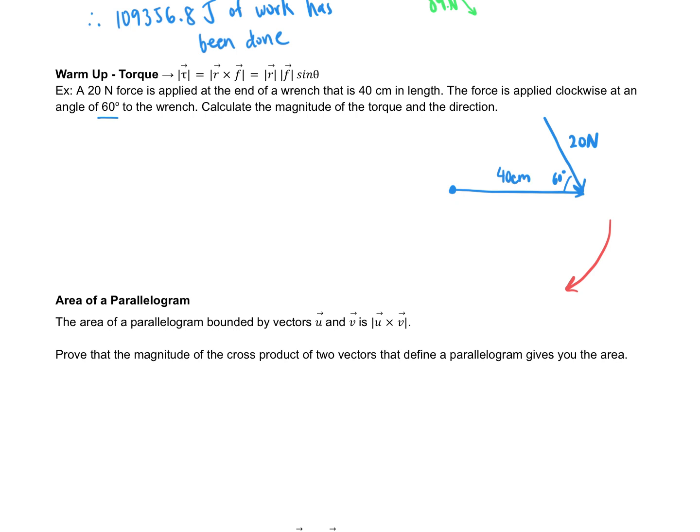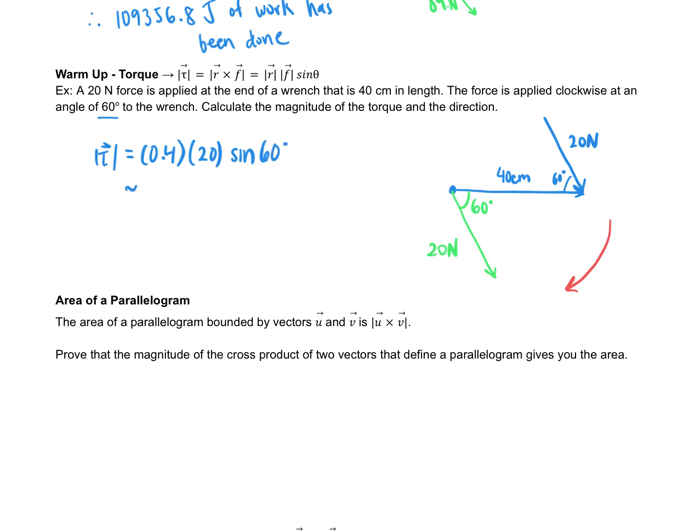Now, before I go on to do the torque formula, I am going to shimmy that 20 newton force so it's at the tail of the wrench. And now using a Z pattern, this is also 60 degrees, and there's the 20 newtons. So now, our torque is the magnitude of the torque arm, that's the 40 centimeters, but it has to be in meters, so 0.4, times the magnitude of the force, which is 20, times sine of that contained angle.